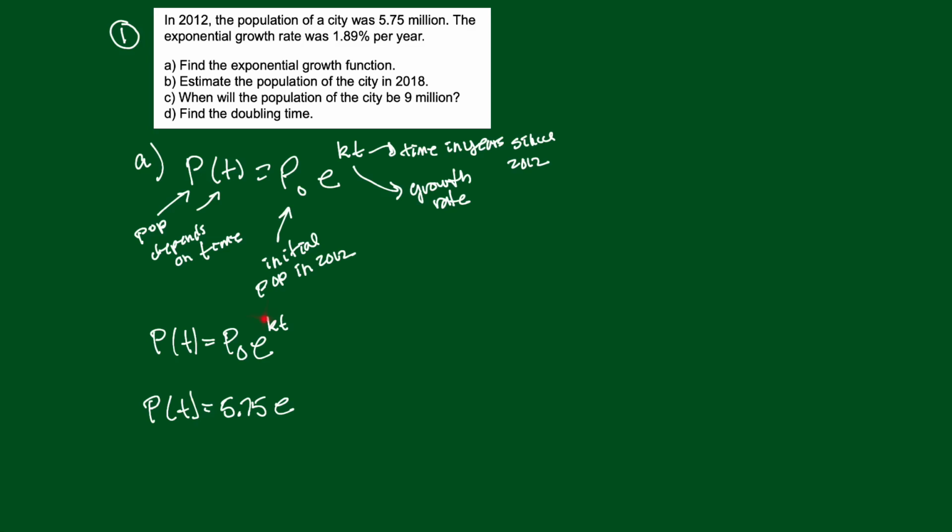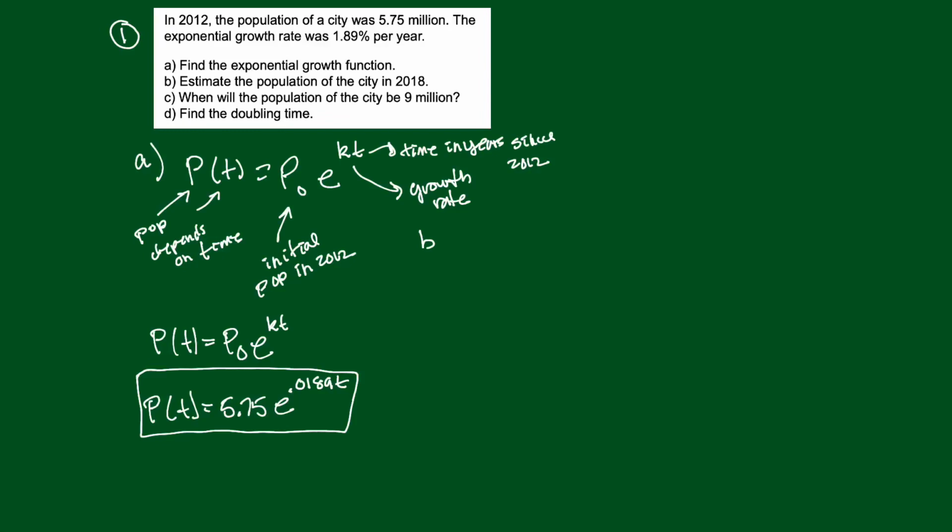Now, what is this k? Well, that's the growth rate, and our growth rate is 1.89% per year. So I'm going to write that number here, but I'll write it as a decimal, 0.0189t. And this is part A. That's the answer to part A. That is our exponential growth function.